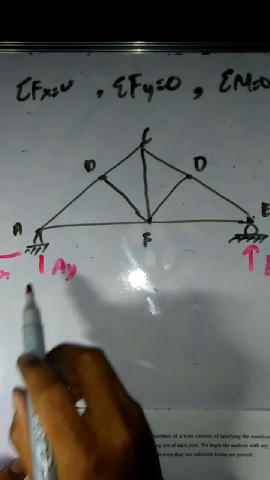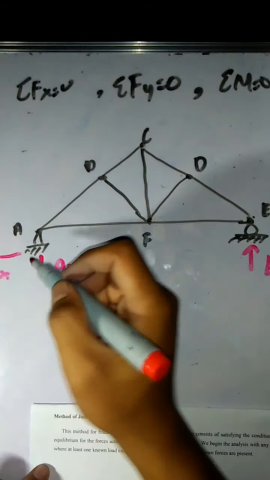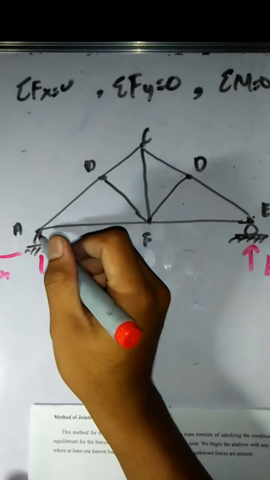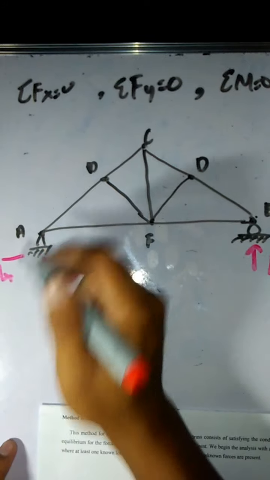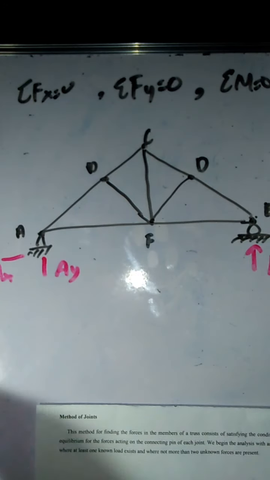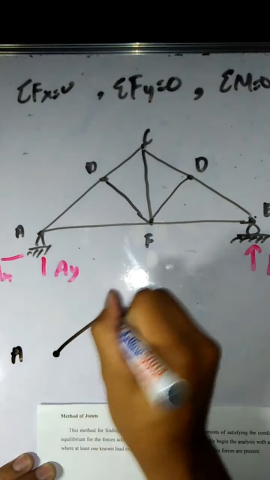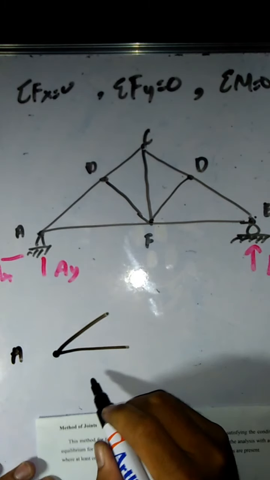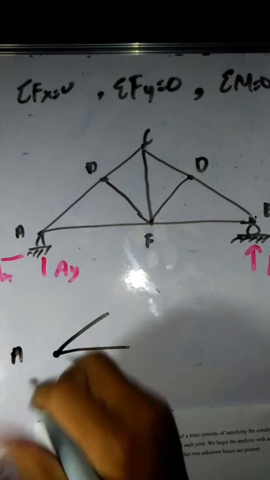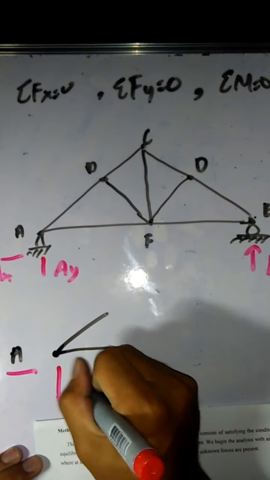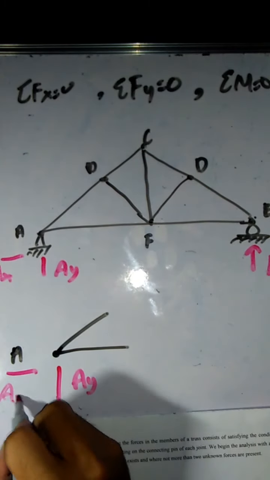For example, we assume that in point A, sa joint A, okay? This is joint A. So may members dito, as you can see. Tapos yung forces na AY at saka yung AX.